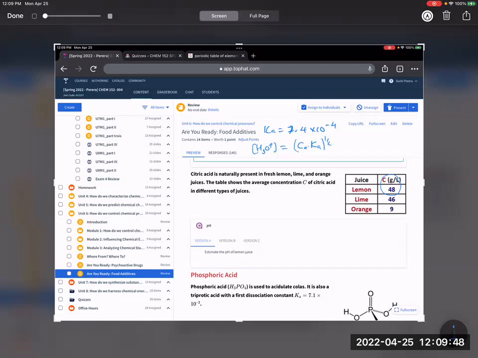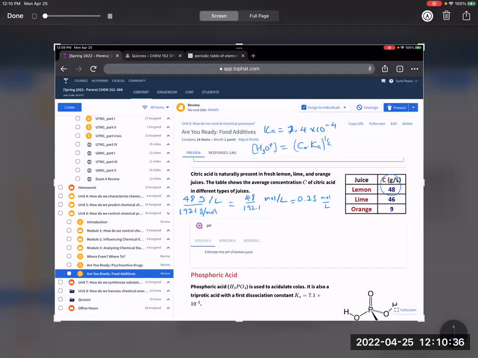So we have 48 grams per liter. If you divide this by the molar mass, which is 192.1 grams per mole, you get 48 divided by 192.1 in moles per liter, and that value is 0.25 moles per liter.